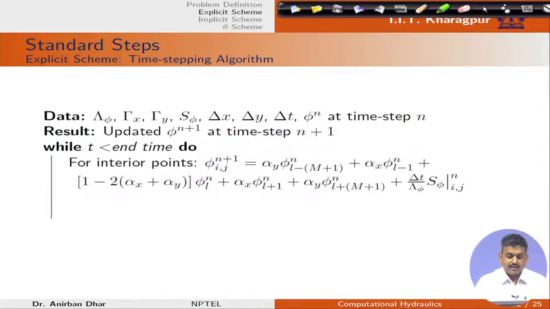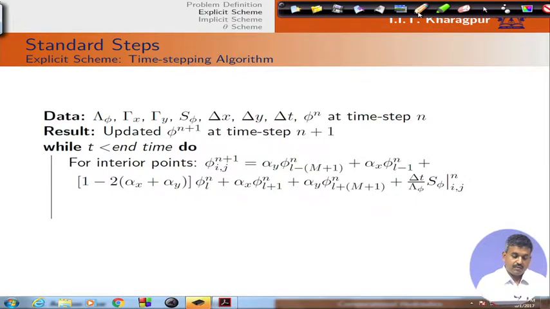Now, we can write this in algorithm format. This is for I j or lth point, and for any time level, to predict the future time level, we need to run this algorithm. That means, t less than n time do. So, first we need to solve the governing equation for interior points.